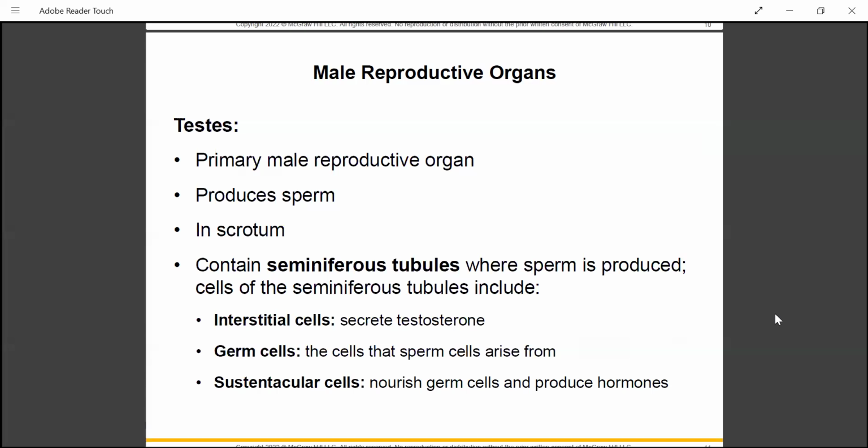And these are what secrete testosterone, our primary sex hormone. The germ cells are the immature gametes. Eventually, these cells are what becomes sperm. And then we have our sustentacular cells, and these produce nutrients for our germ cells, as well as hormones that help promote spermatogenesis, or the creation of sperm.